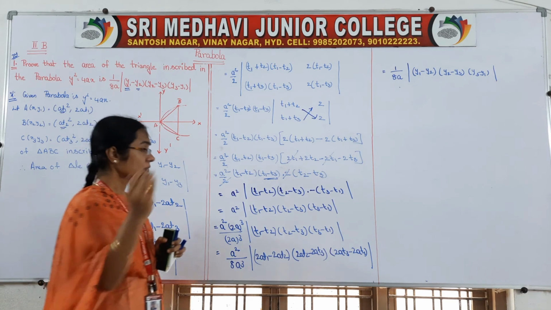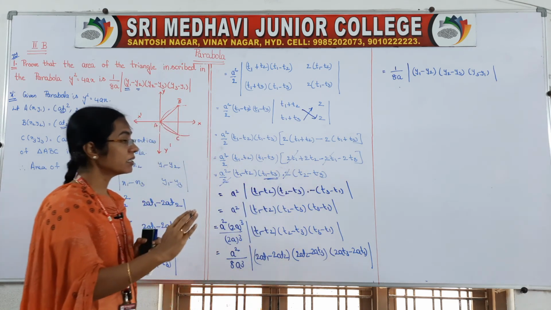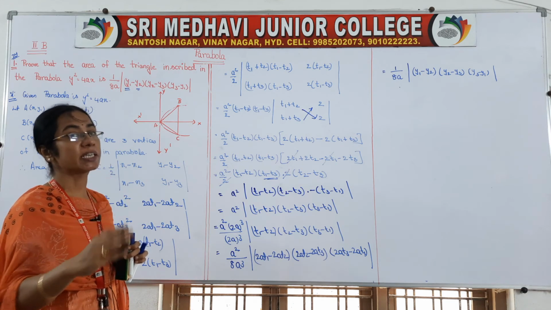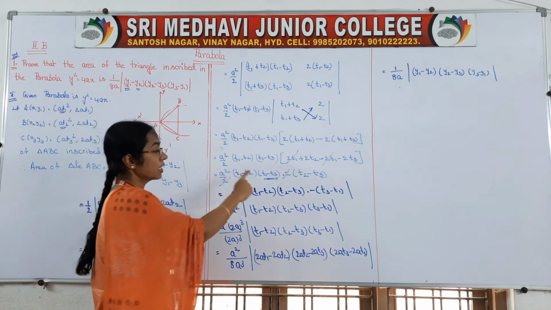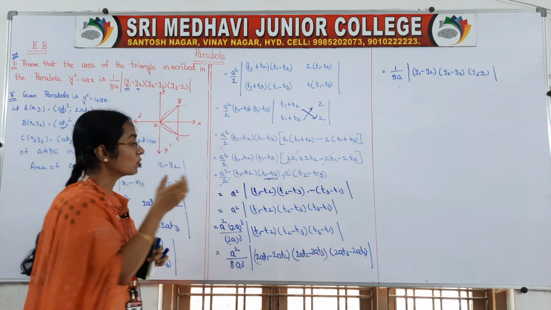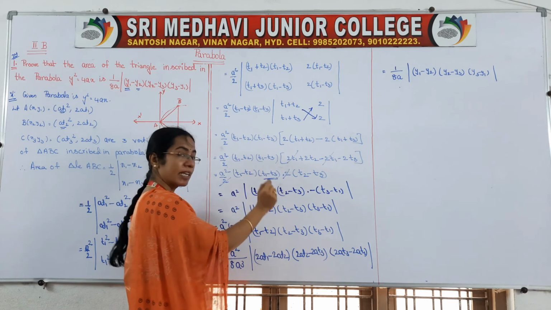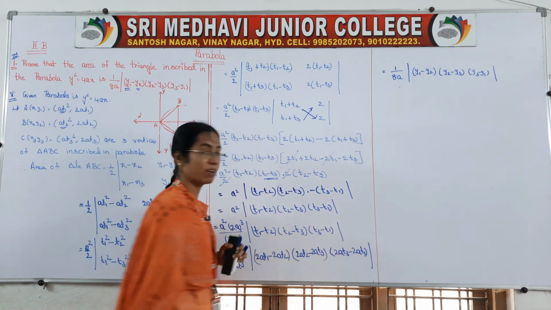Okay, and try to write the values in order. So t1 minus t2, t2 minus t3. Next you have to take t3 minus t1, right? But here we are having t1 minus t3. So from this take a minus sign outside, minus (t3 minus t1).